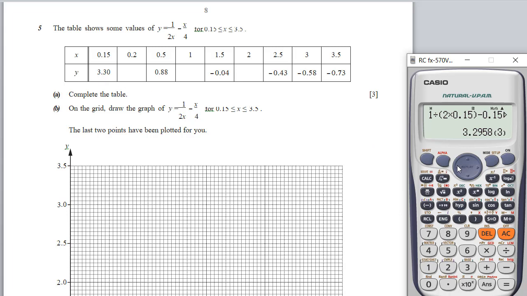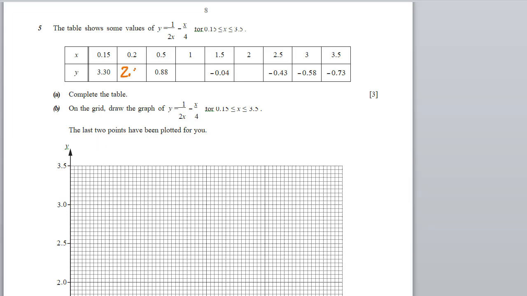Let us try the second one, which is here. x is 0.2. So the value here is 2.45. The next value that we need is x equal to 1.